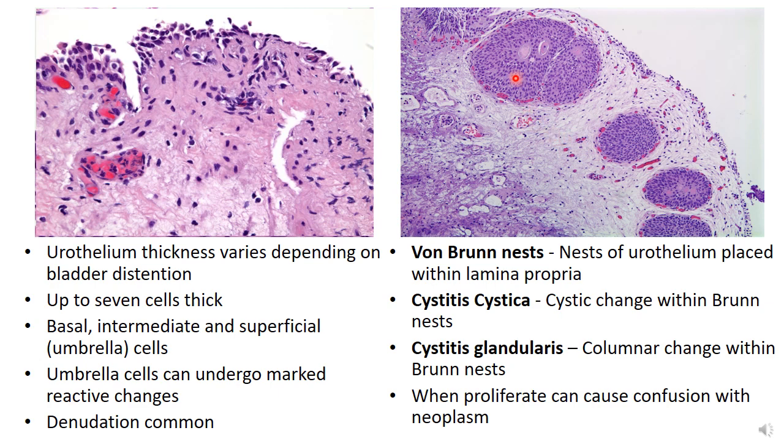When it undergoes cystic change, it is referred to as cystitis cystica, and when it undergoes columnar metaplasia, which can be intestinal type or non-intestinal type, it is referred to as cystitis glandularis. Now, both of these processes can undergo significant proliferation and can cause confusion with a neoplasm, and I will talk about some of these later on when I talk about the pseudotumors of the urinary tract.